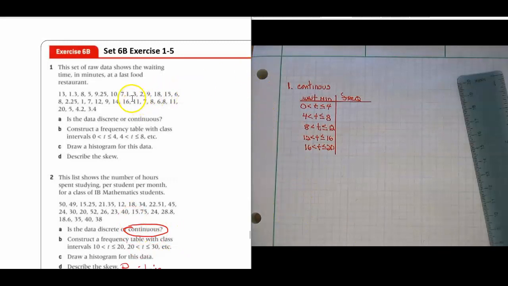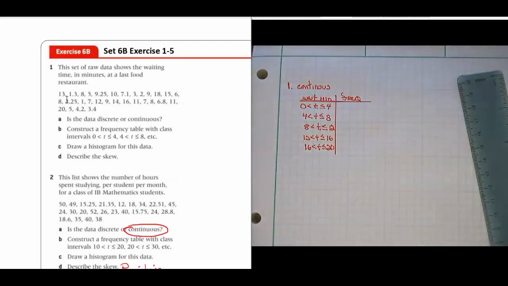All right, so let's divvy this up. Hannah, you count all the data points that are between 0 up to and including 4. Victoria, you do from 4 up through and including 8.